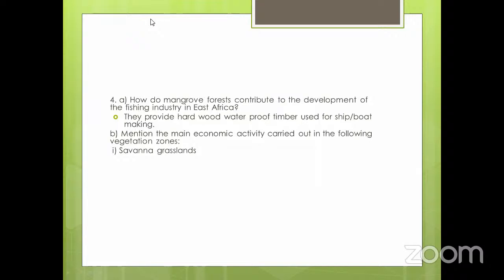Yes, Dan? Okay, so the major economic activity carried out in savanna grasslands is tourism, and someone may ask why.